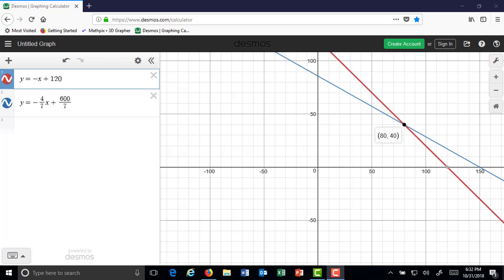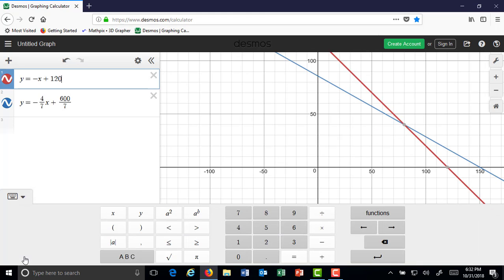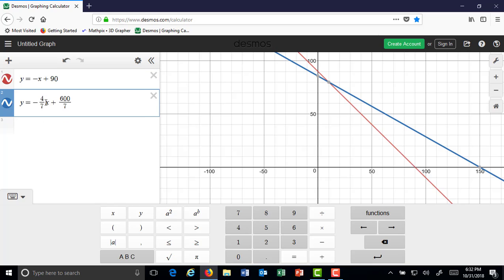This one's easy enough, is it 90? And then this one's going to be negative 2x. And then this one?